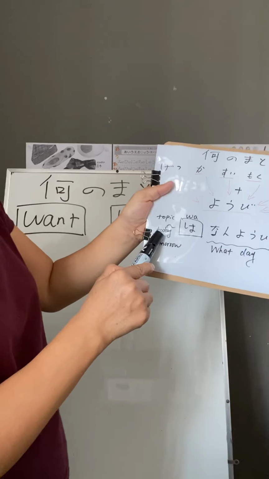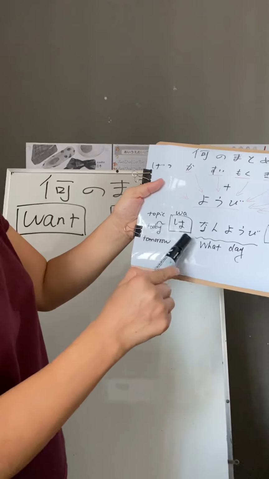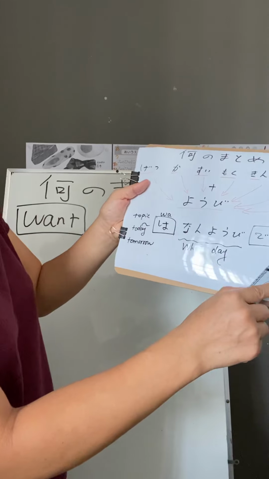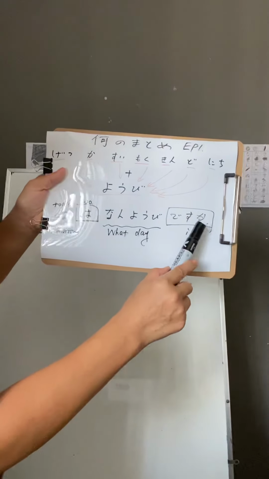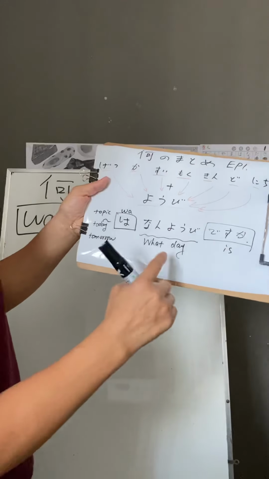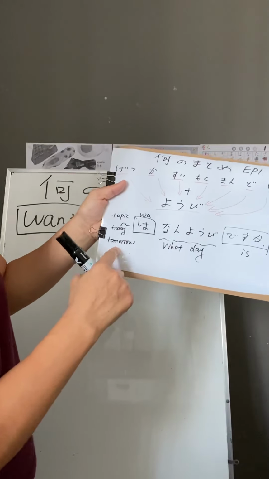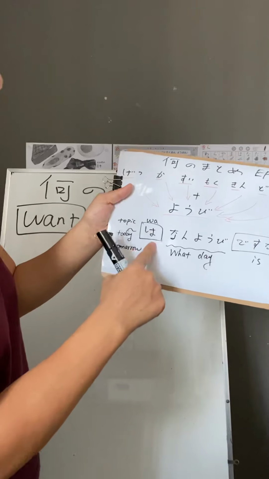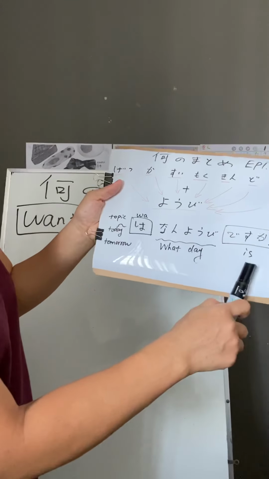For example, today, 今日は何曜日ですか? Yeah, か is the question word. Over here, です is like "is". So, what day is it today? Or if you want to talk about tomorrow, 明日は何曜日ですか?